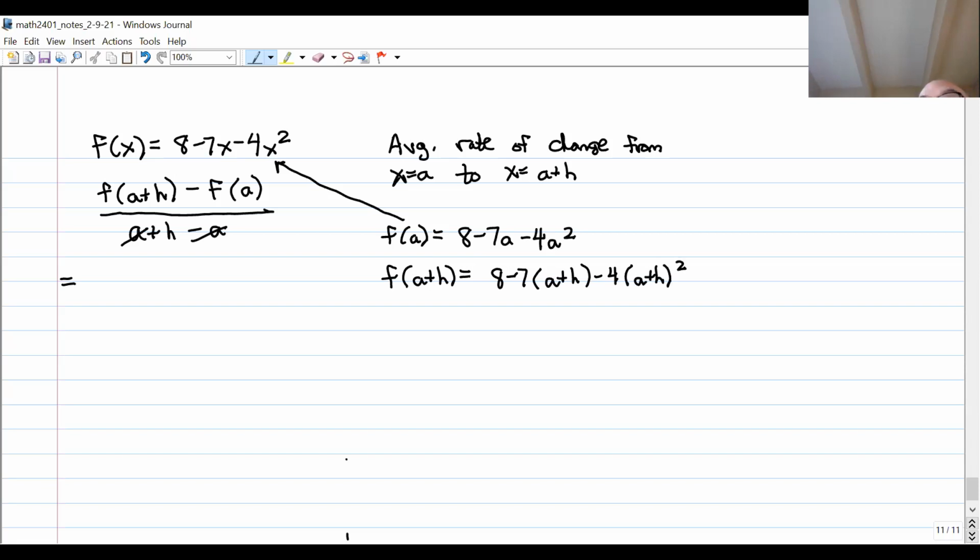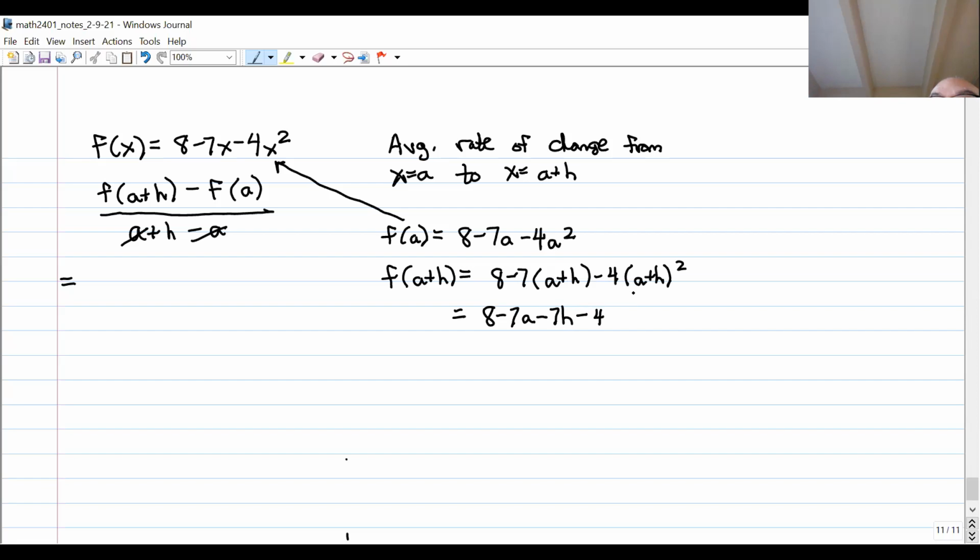So you get minus 4 times (a+h) squared. And here's where you have to be very careful about your algebra. So you want to do this carefully. The first part's easy because you'll just have 8 minus, and then you just distribute the 7. So you have 7 times a, so that's minus 7a, and then minus 7 times h. So that's minus 7h. This is the part that's harder, all right? The (a+h) squared.